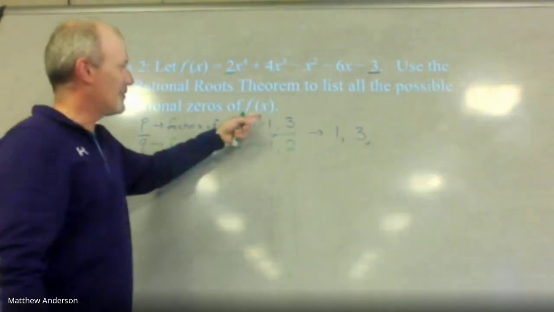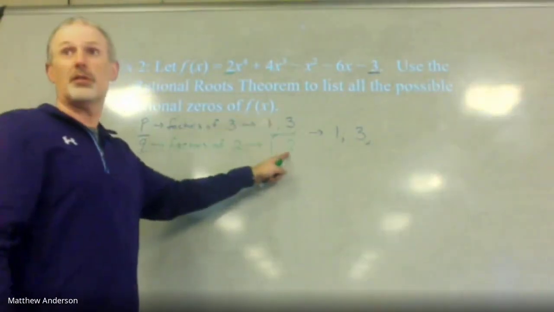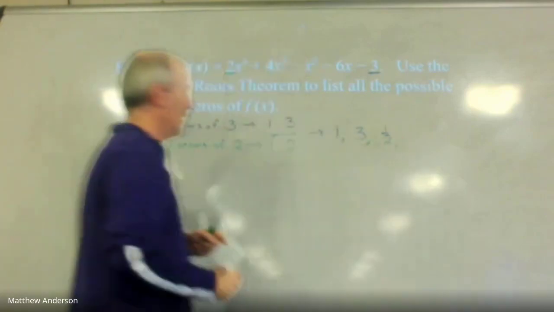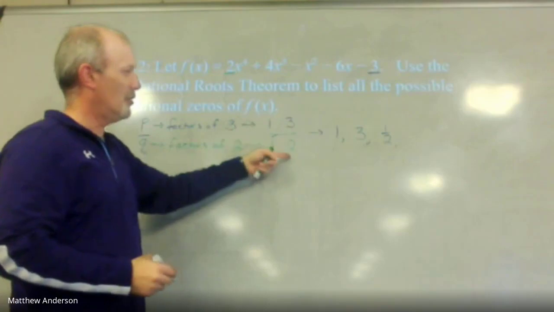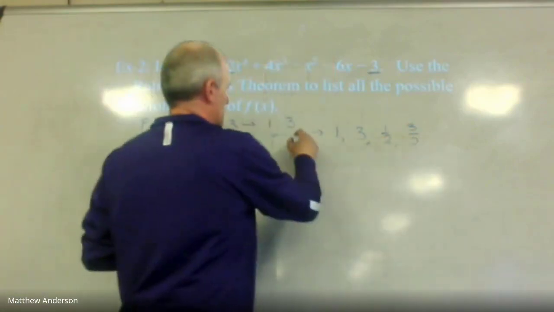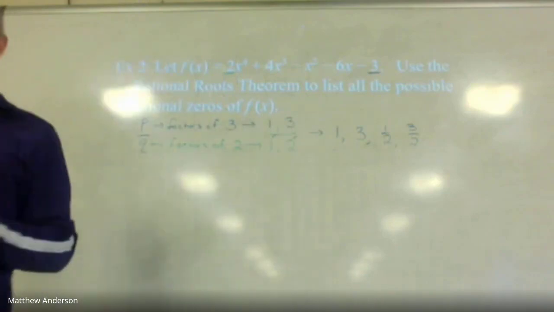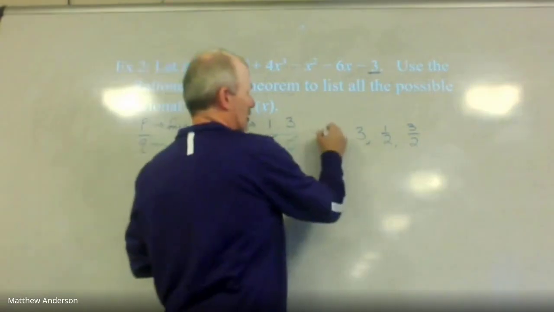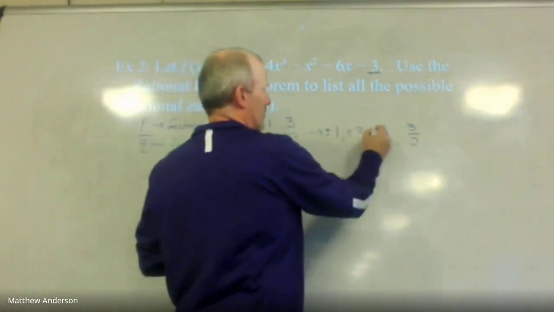But we could also have this 1 over the 2. So we could have 1/2. And then we could also have the 3 over the 2, which would be 3/2. And so now we've done all the numbers on top as numerators with all the numbers on bottom as denominators. Does that make sense? And the only thing we have left over is each of these could be a positive or a negative.